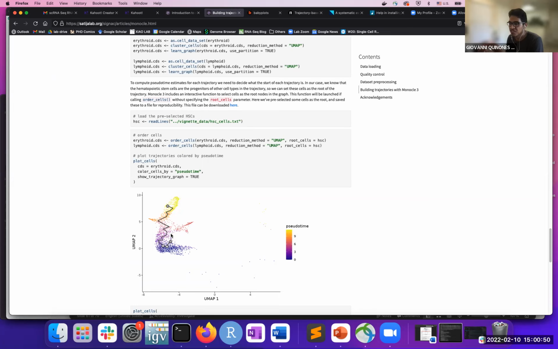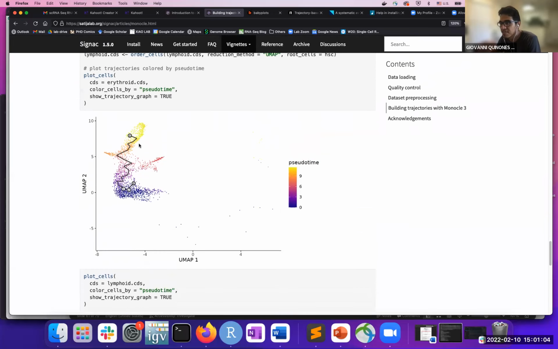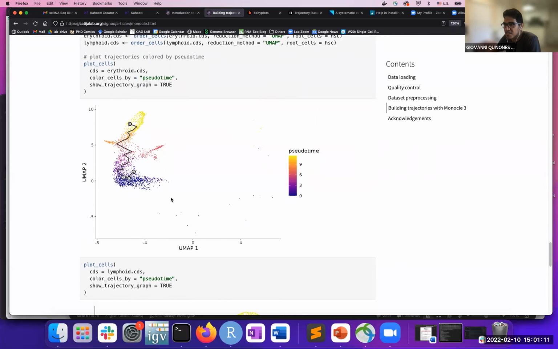And based on how the expression of different genes transition from cluster to cluster, they're also able to come up with a trajectory. So it's probably not very clear, but you can see how some of these points are labeled as 1, 1, 2, and 2.